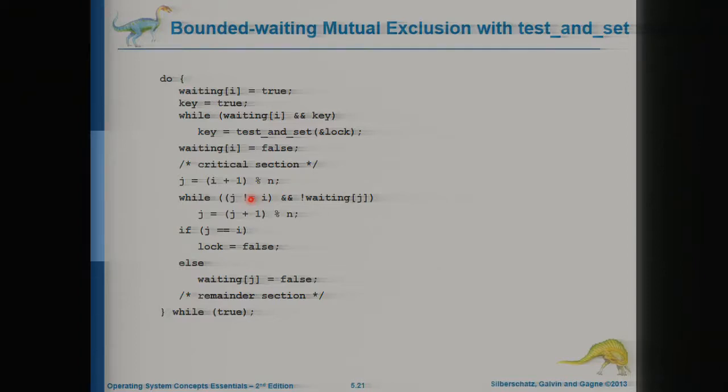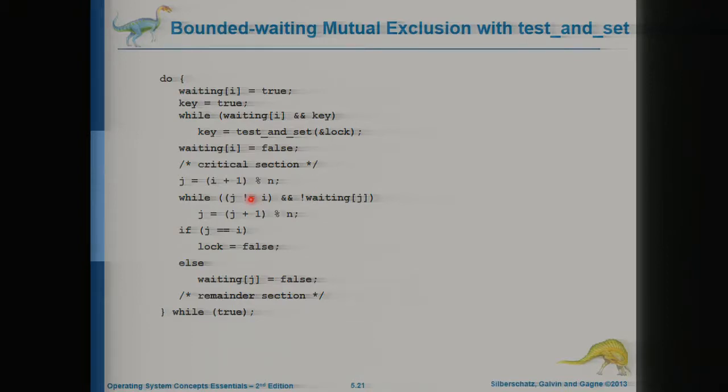And there are other processes also who are waiting to enter the critical section. Suppose there are n processes, P1, P2, P3 like this. Supposing I have P1, P2, P3, P4, four processes in the system, and all these are concurrent processes.